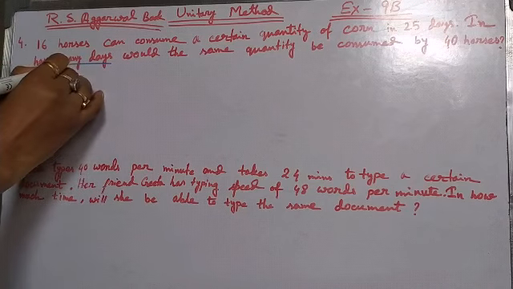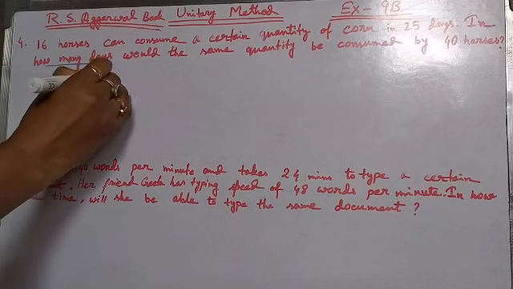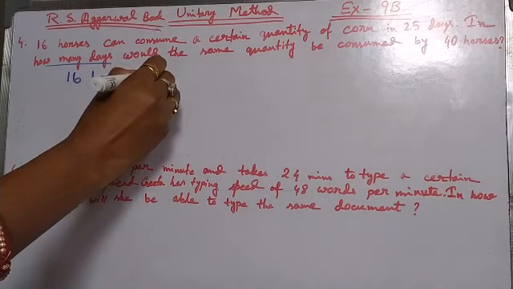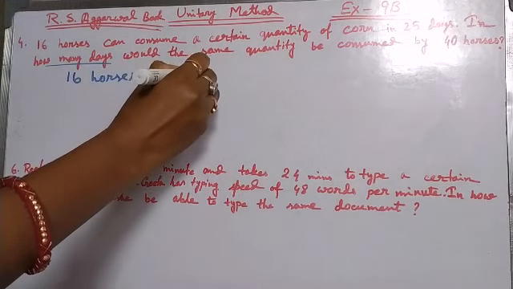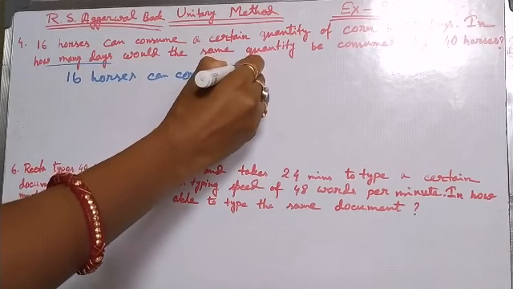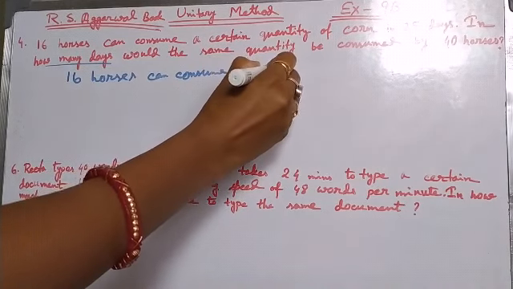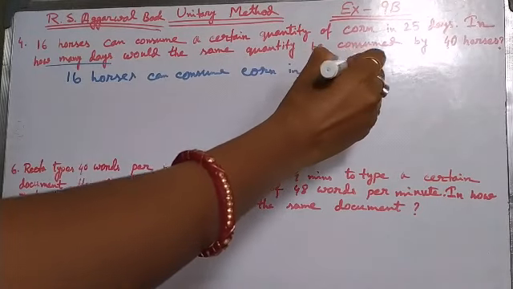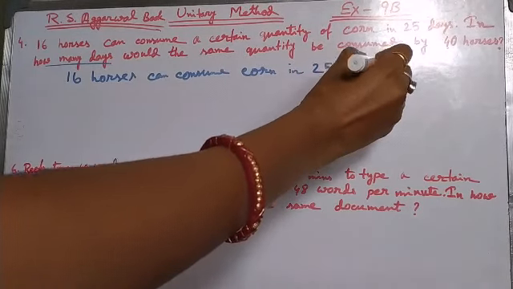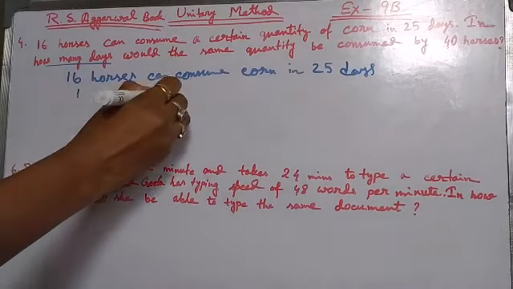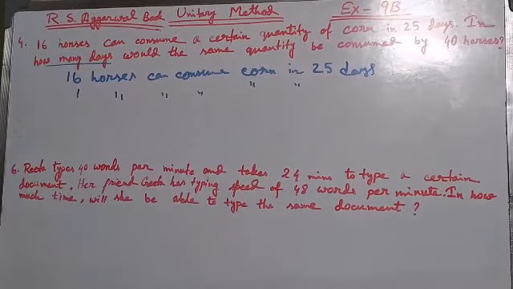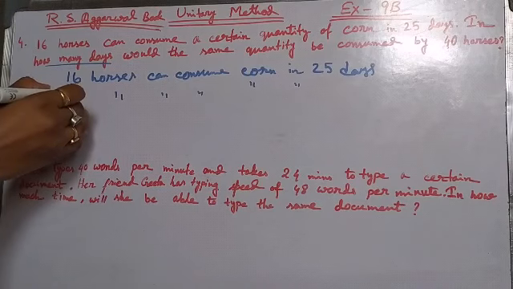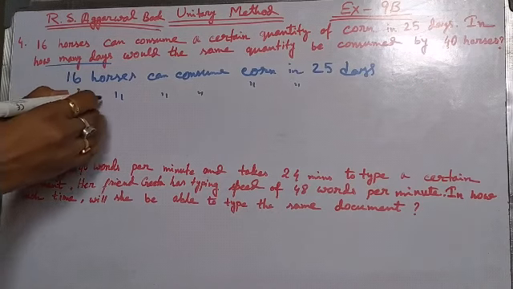So 16 horses can consume corn in 25 days. So one horse can consume the corn in, obviously, more days, because the number of horses is less.